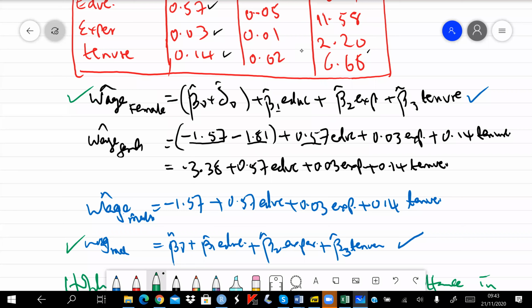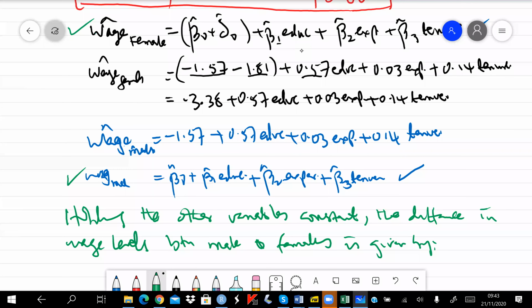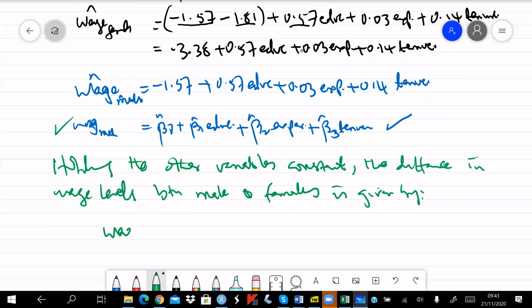This is the same as the estimated wage of females minus the estimated wage of the males. And this will be equal to delta naught.